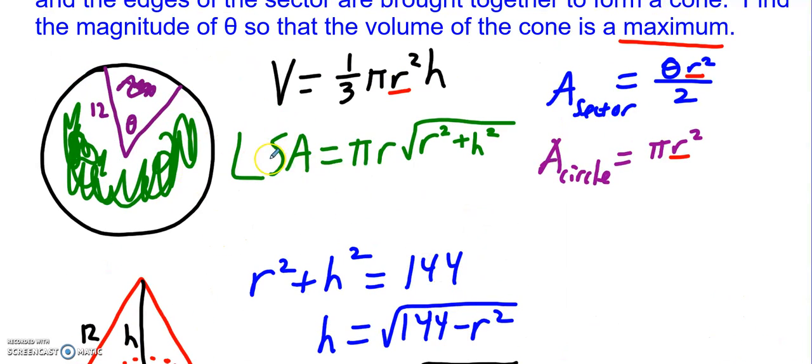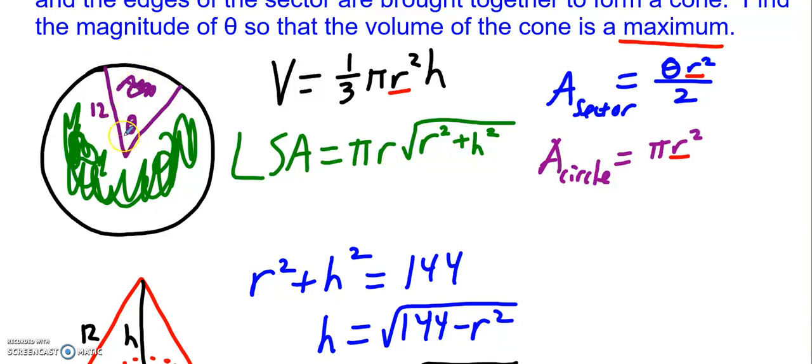Okay, back up here real quick. I want to point out, again, the relationship between this lateral surface area, the area of the sector, and the area of the circle. Notice that this whole thing is the circle, but this stuff that I shaded in green is what is going to end up being the lateral surface area of the cone.